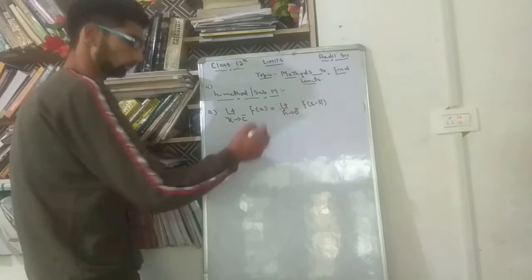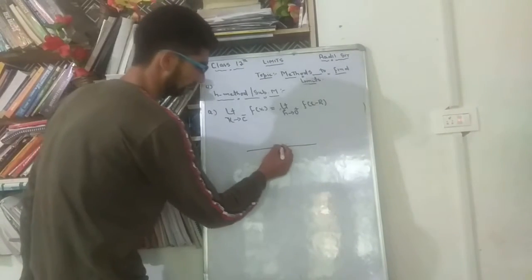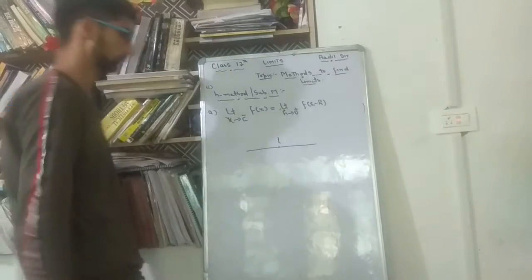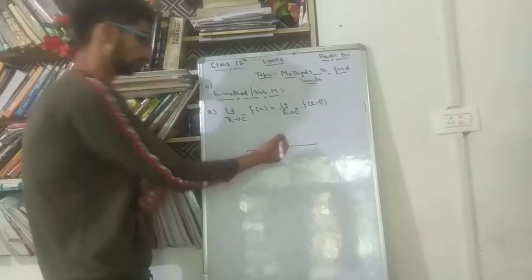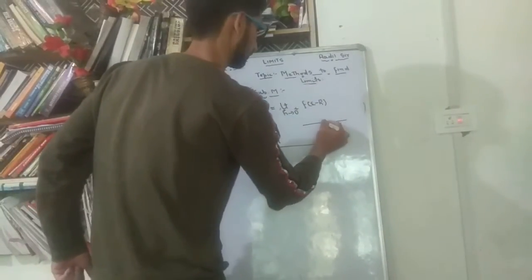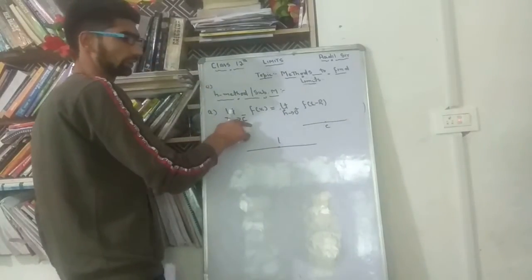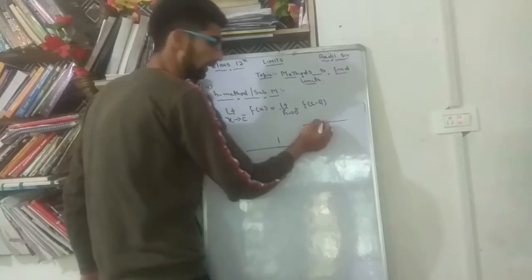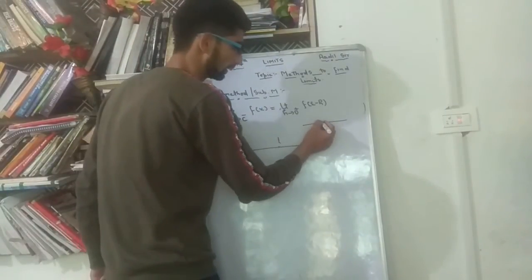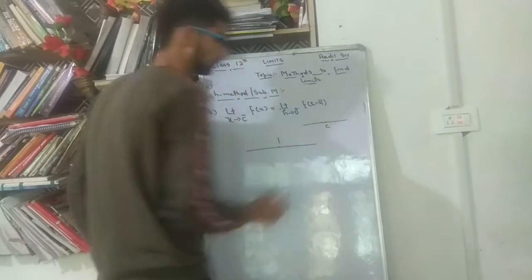Now, if we have here point L and this is our C, when I am approaching this x to this C negative, that means the values of x are very close to this C but from the left, and the value of x is never equal to C. So these are the values of this.